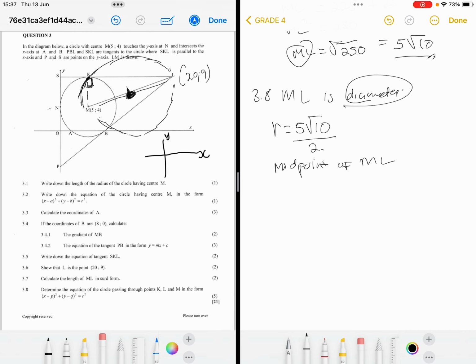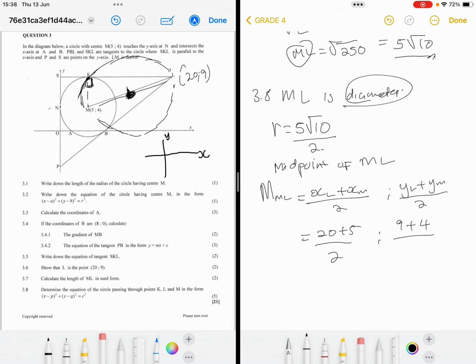The midpoint of ML will be x at L plus x at M over 2, and y at L plus y at M over 2. Now let's see. X at L is 20, x at M is 5, over 2. Y at L is 9 plus y at M, which is 4, over 2.